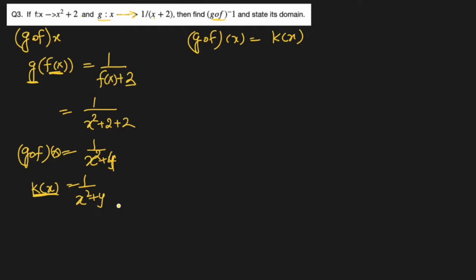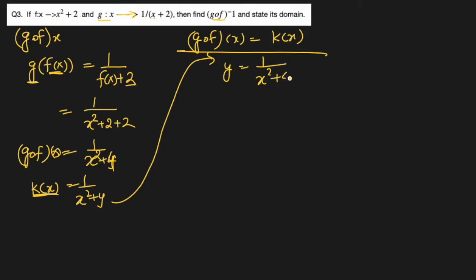We have to find the inverse of this. Whenever we have to find an inverse, first convert k(x) to y. And now to inverse it, exchange x's and y's. So it becomes x equal to 1 over y square plus 4.